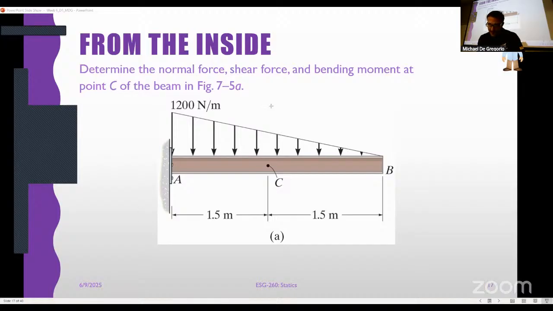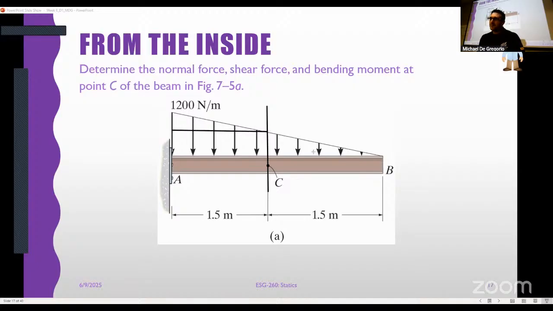If I cut it here, is this a triangle? So you got to figure out how to break this into a rectangle and a triangle, and you got to figure out how big that is at this point. It's a pain, right? It's not impossible, but it's a pain.